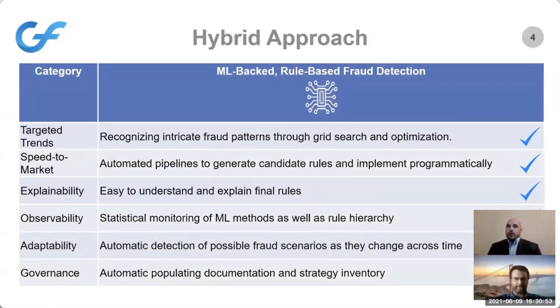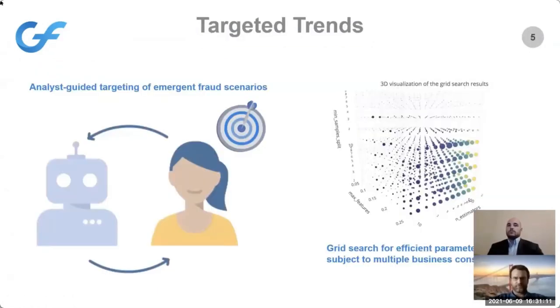I'm going to hand it off to Paul here, and he's going to walk through our hybrid approach and how it covers these six pillars, in terms of the advantages of both rules and models. Specifically, our team has historically focused primarily on machine learning types of solutions.